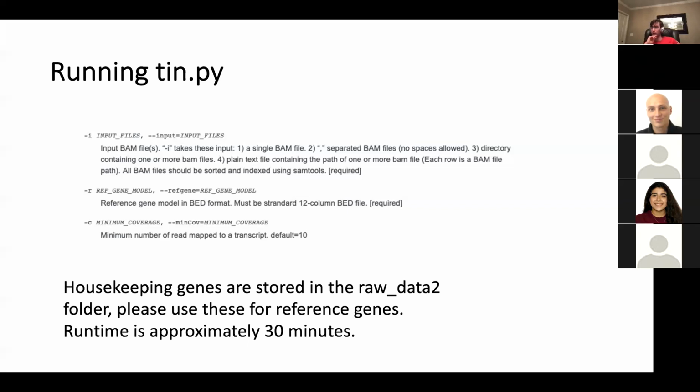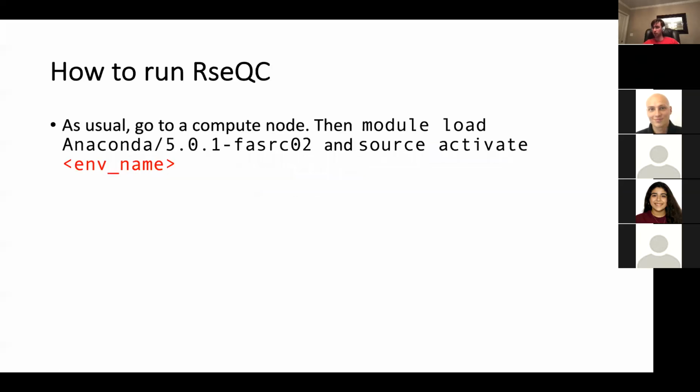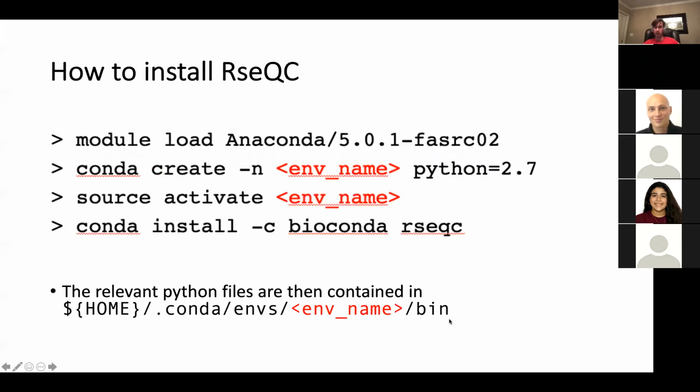No, you have to put Python first. Python space path to tin.py, then all the options. Oh, okay. And it just knows to use tin.py because you gave it the path? Well, the path ends with, so after bin, there'd be a /tin.py. I see. Yeah. Okay, cool. Thank you.